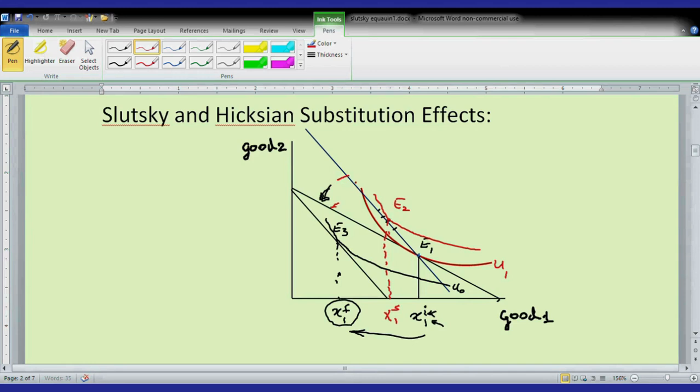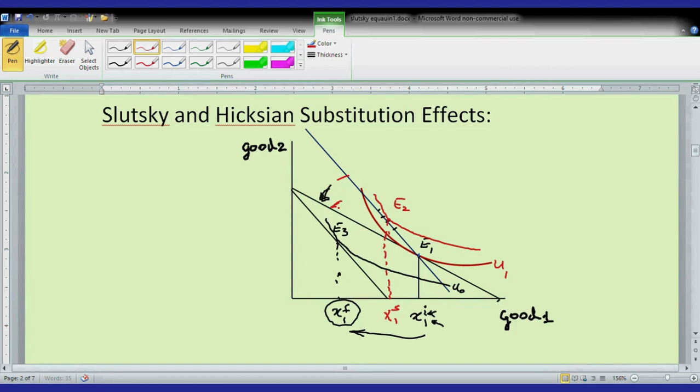Along the blue budget constraint, the purchasing power is still the same as the initial budget constraint, because the household can consume this initial combination. But this blue budget constraint has a higher relative price of good 1 compared to the budget constraint that was initially available.